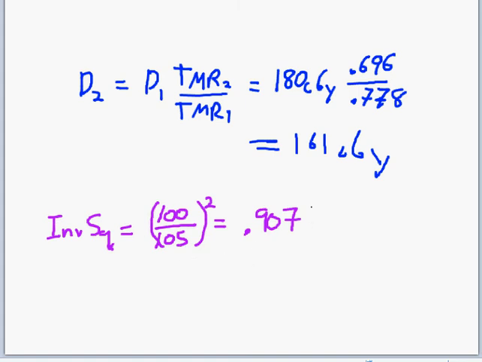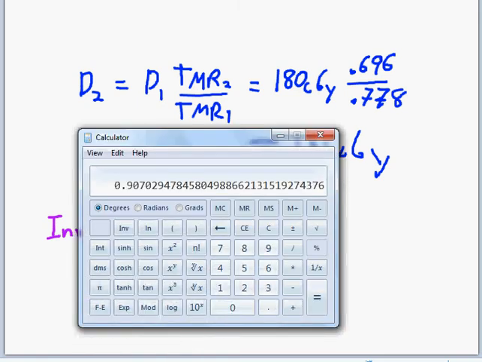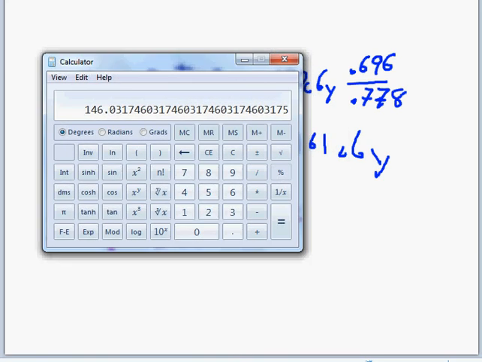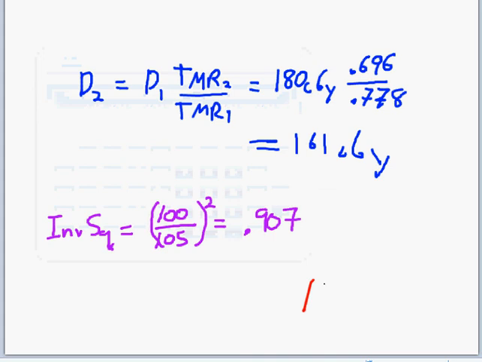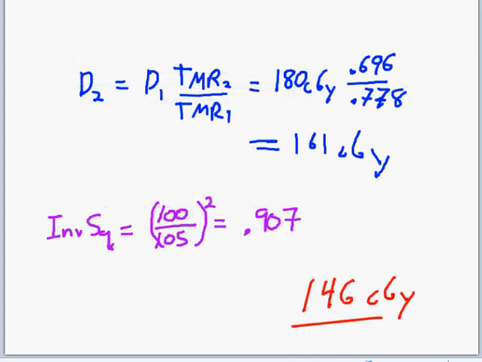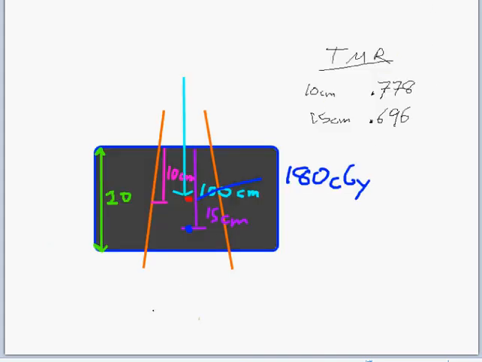And now our final answer is just going to be these two multiplied together, 0.907 times 161. And our final answer is 146 centigray. So that would be our final answer, 146 centigray to this point, using just the TMRs.